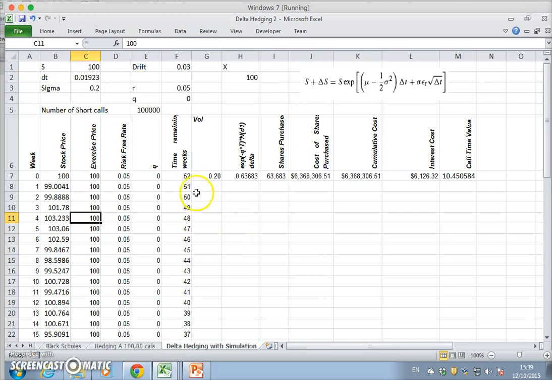Okay, now we have a simulated random stock price that adheres to geometric Brownian motion. The volatility is not going to change, so I could pull these values down. Okay, we pull these values down.